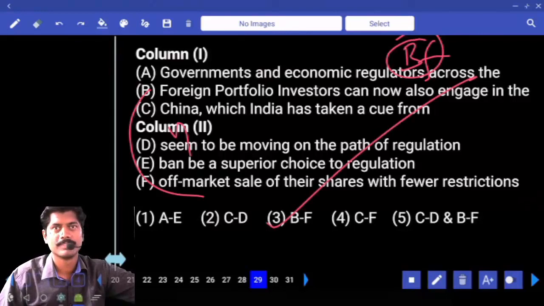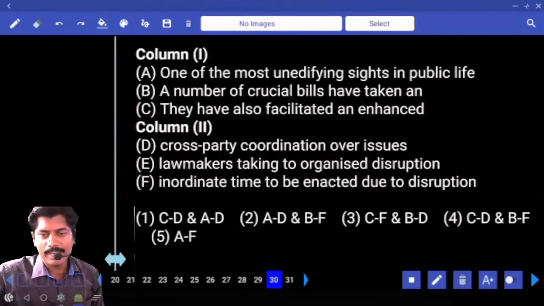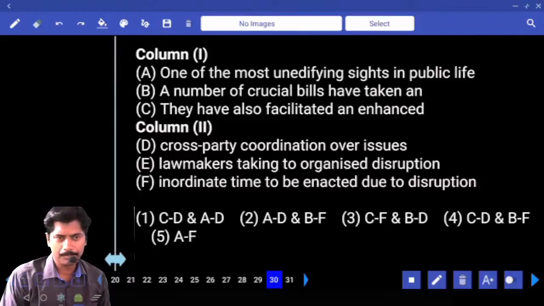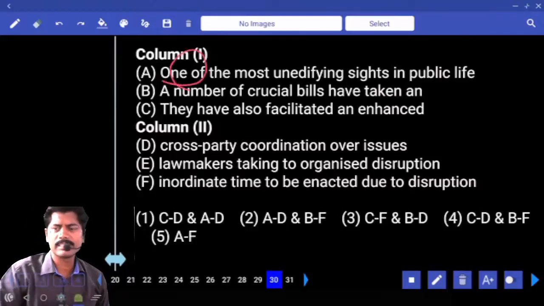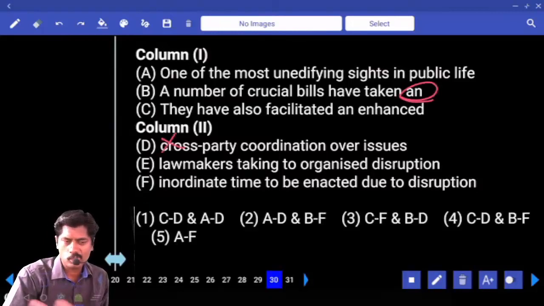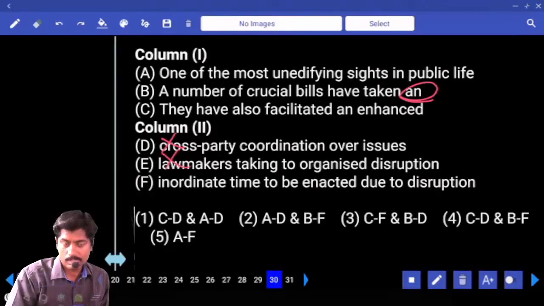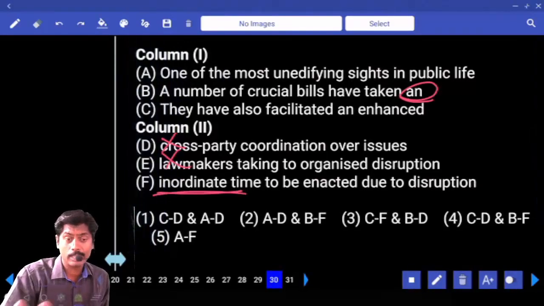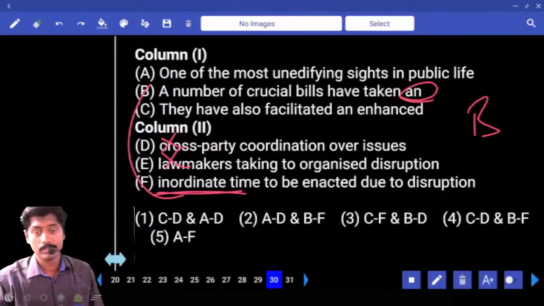Third option. One of the most unedifying sites in public cross-party coordination, unedifying sites in public, lawmakers taking inordinate time. Not sure about A, because after one of I need a singular verb, there is no singular verb in DEF. A number of crucial bills have taken an cross, no, and lawmakers, no, an inordinate, yes, BF.